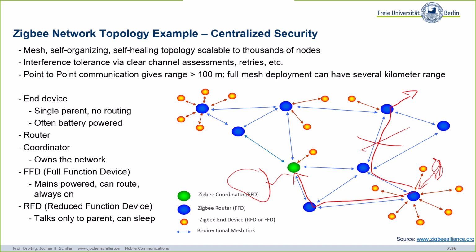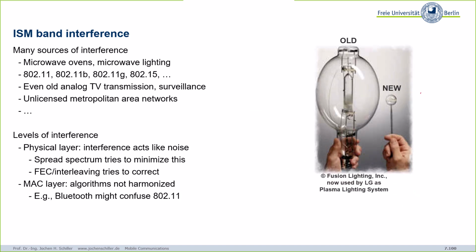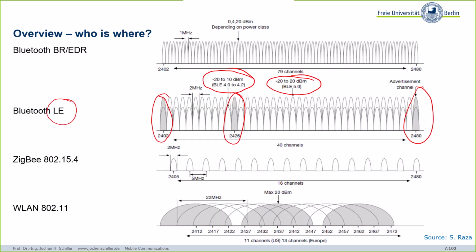Because if we have all the devices operating in the ISM band, and there are some strange devices like these light bulbs, you have a lot of interference. And this is why I used here, from a PhD, this nice figure showing what's going on at 2.4 gigahertz.